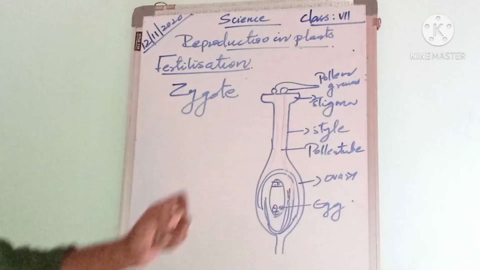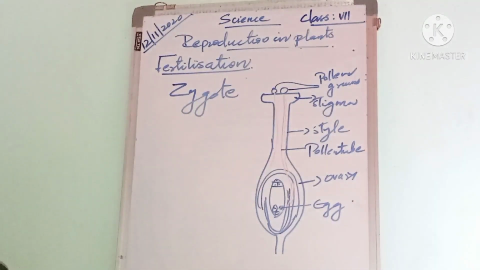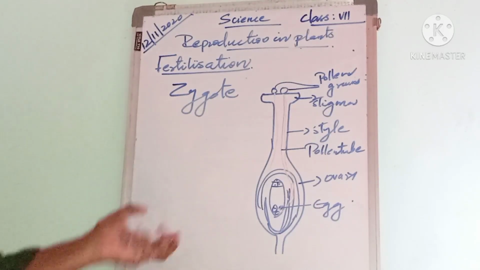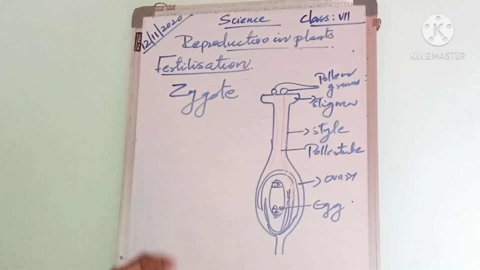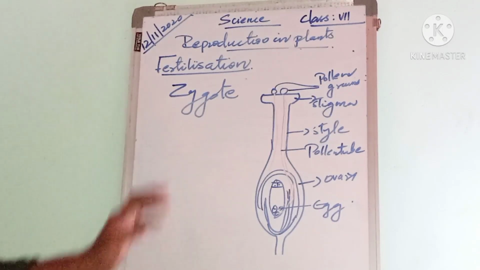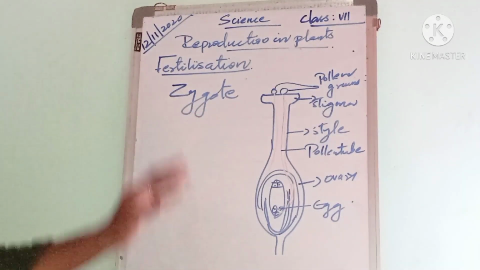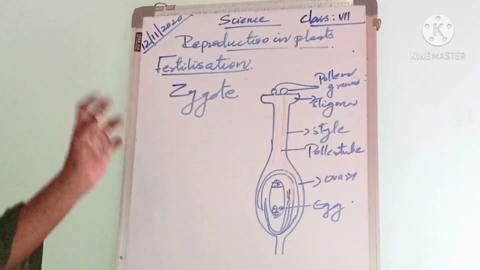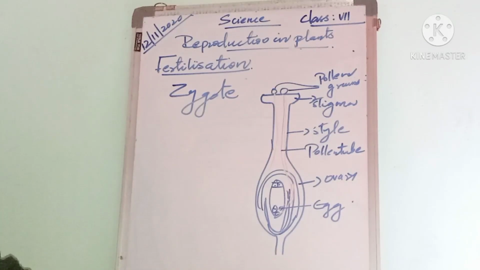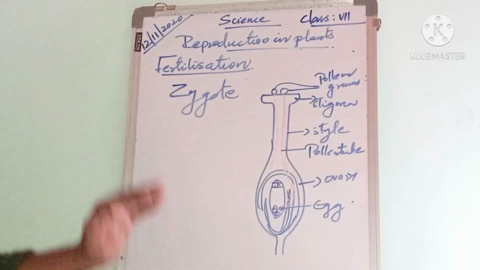When the tip of the pollen tube enters the ovary, it opens and the male gametes enter the ovule. The male gametes then fuse with the egg, which is the female gamete. This process is known as fertilization, and the fertilized egg is known as the zygote. That is about fertilization.